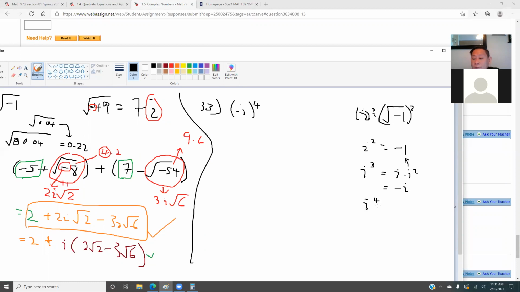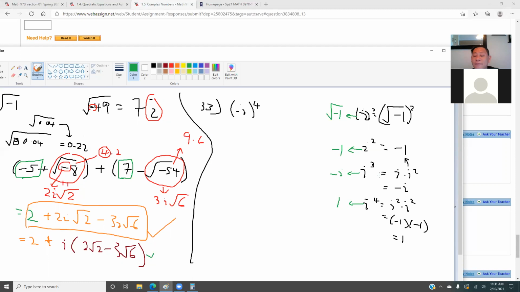Then i to the 4 is i squared times i squared. So i squared is negative 1 times another negative 1, which gives me positive 1. So what I want to point out is that i is the square root of negative 1, i squared is negative 1, i cubed is negative i, and i to the 4 is positive 1.